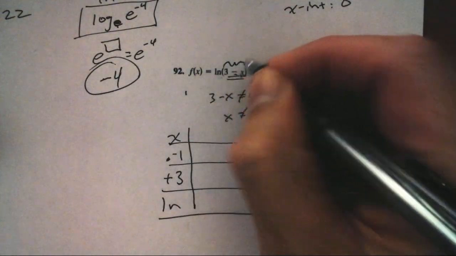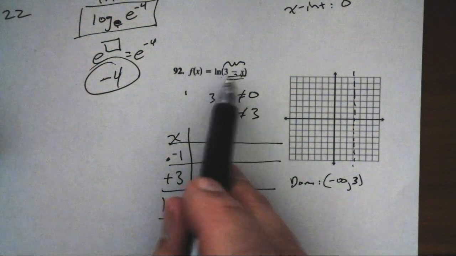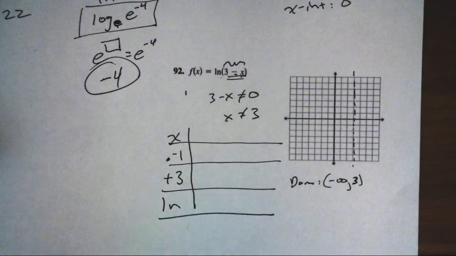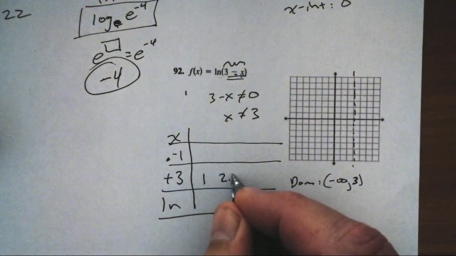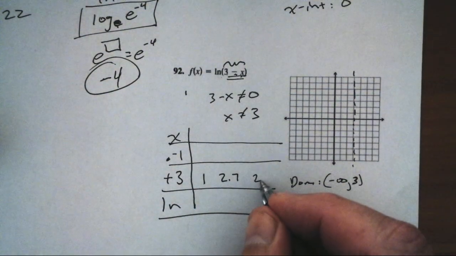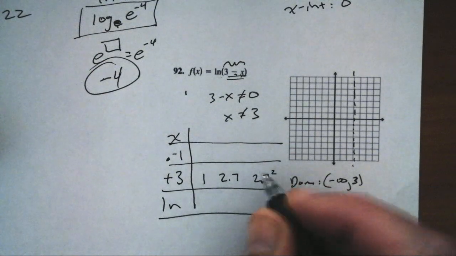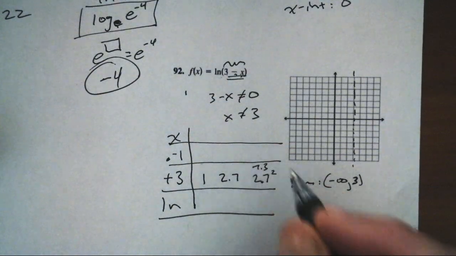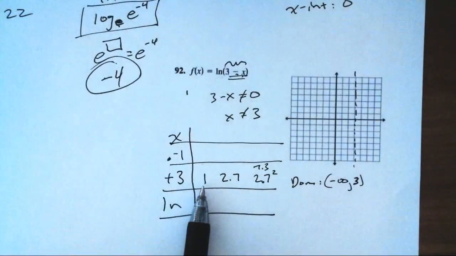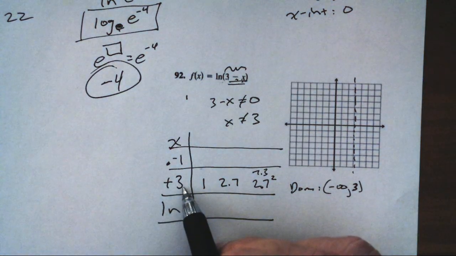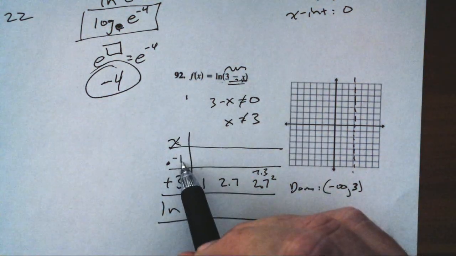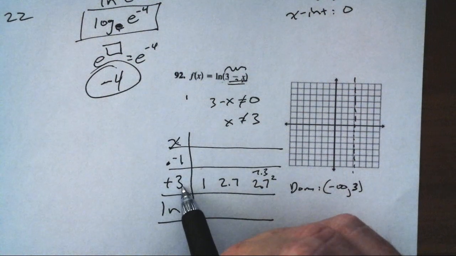After I go through multiplying by negative 1 and adding 3, I want those values to be 1, 2.7-ish, and 2.7 squared-ish, which we said is about 7.3. I could have 1 on 2.7 here. But that's what I want after I'm done choosing an x, multiplying it by negative 1, adding 3.